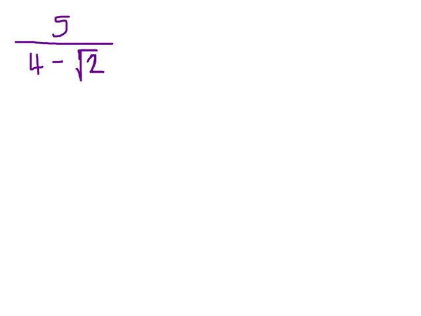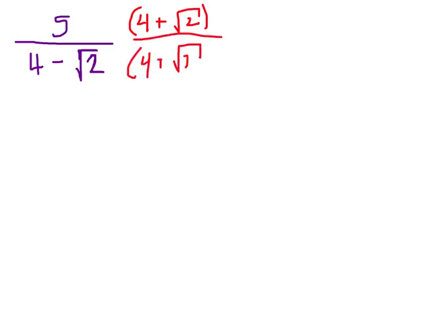That would be the conjugate. So you can multiply the top and the bottom by the conjugate. I can do that because 4 plus the square root of 2 over 4 plus the square root of 2 is 1.